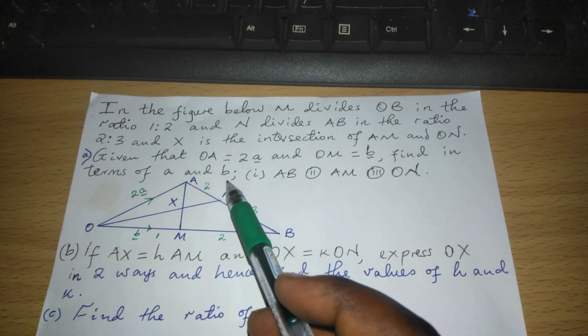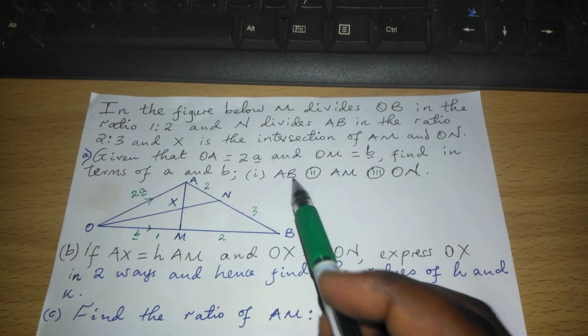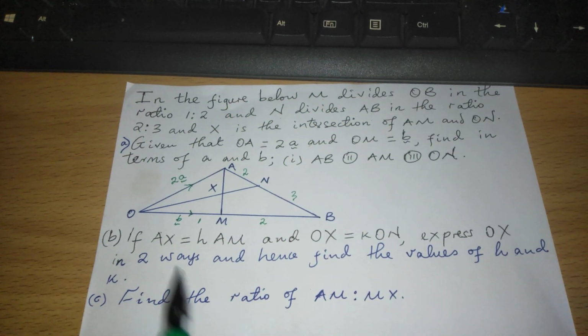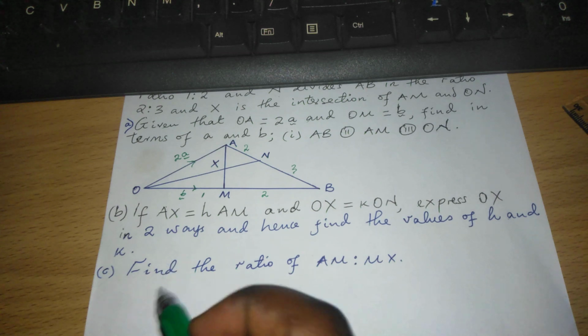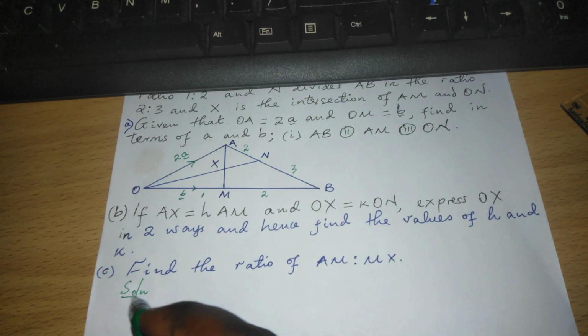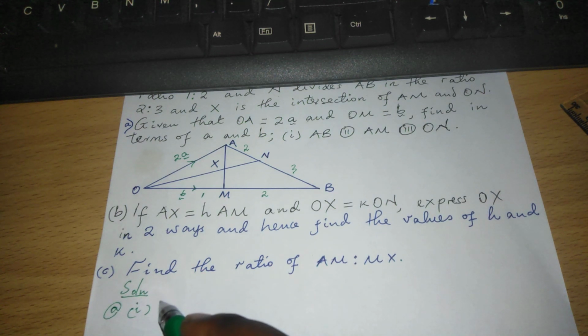So we are finding in terms of vector A and B the value of AB. Therefore, the value of AB, we can write a solution. Solution part A. We have from Roman 1, we want to get vector AB.